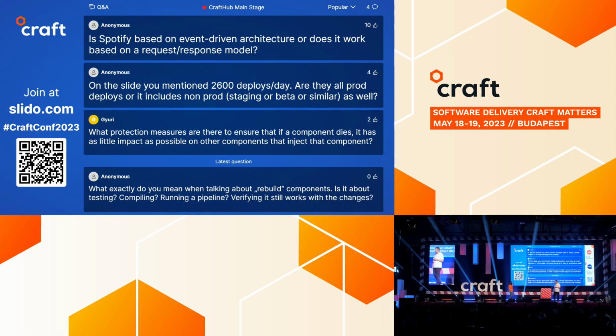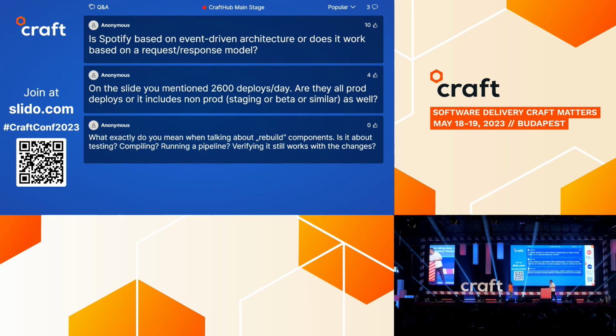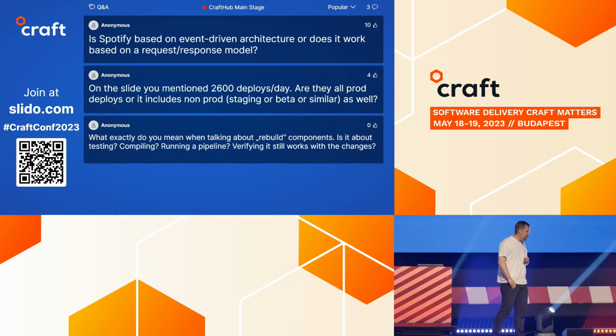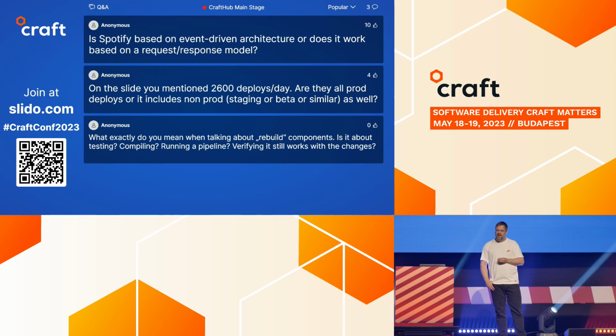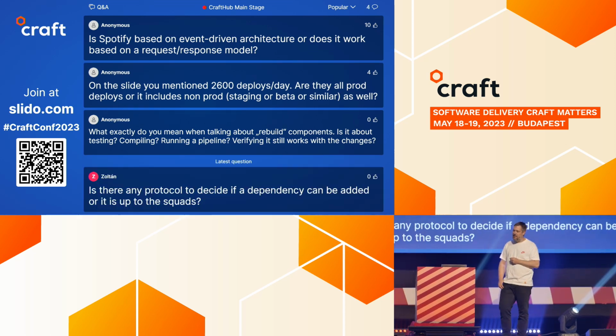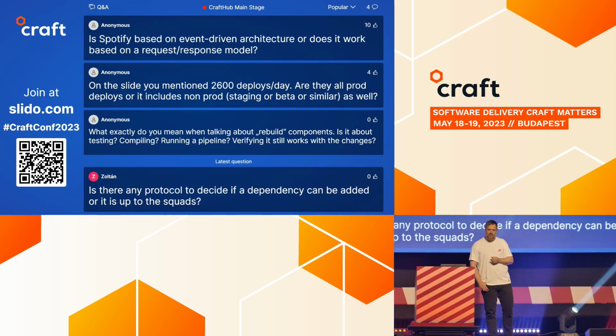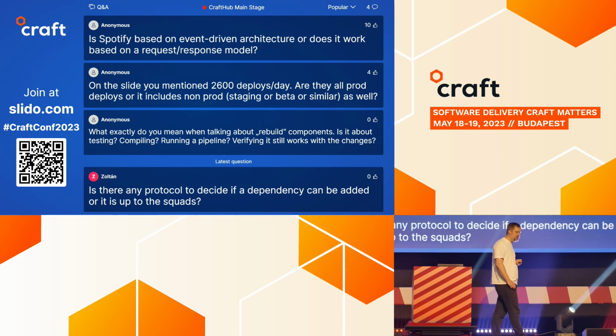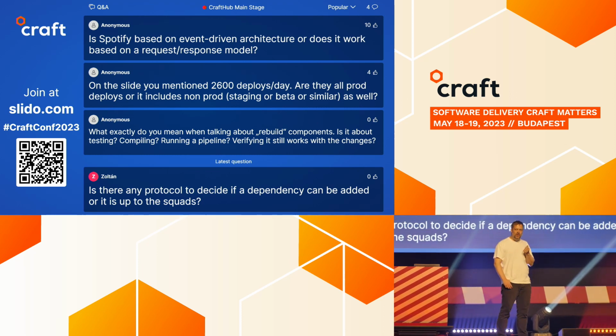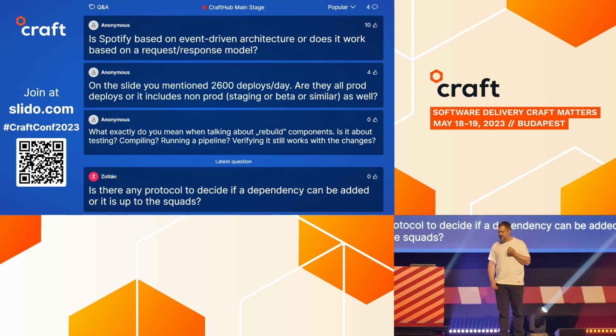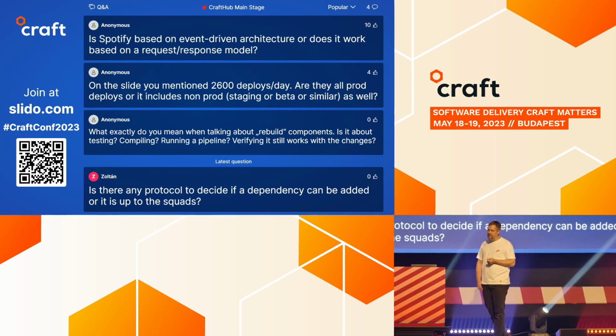Thank you. Okay, next is Anonymous, who says, is Spotify based on event-driven architecture, or does it work based on a request/response model? Maybe inspired by the talk this morning. It's 99% request response and sprinkles of more event-based communication between services. There's one major exception for this, and that is our event delivery infrastructure.